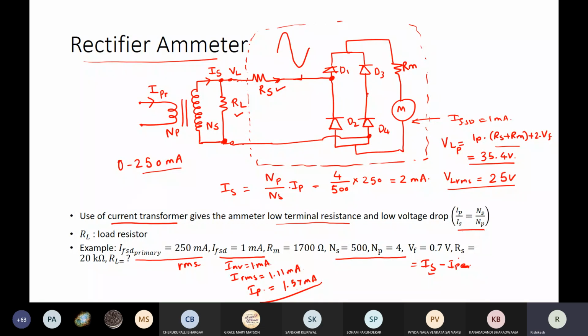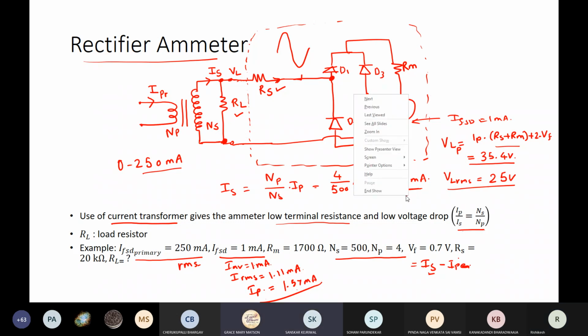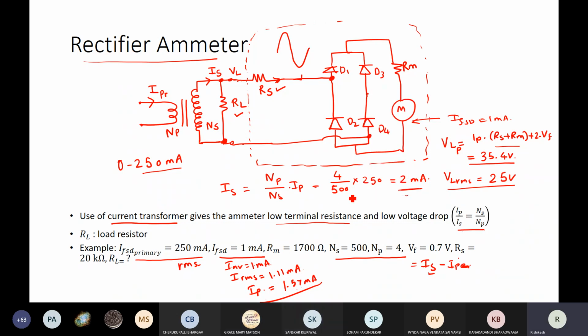IS is 2 milliampere. Is this the RMS we calculated or peak? It is RMS, no? So when you are using RMS here, the quantity flowing in this part should also be RMS, no? You can't subtract a peak value from an RMS value, right?